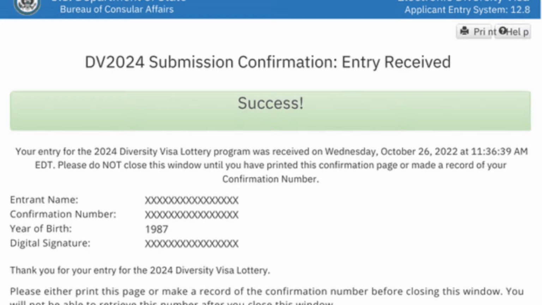It will give you success: your entry has been submitted on that day. Take this confirmation, send it to your email, send it to your own WhatsApp, or print it out if you want. But you need to have this confirmation number because this is what you'll use to check the results when the results are out.